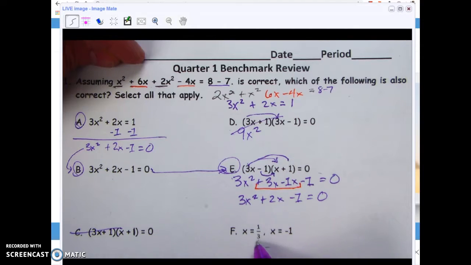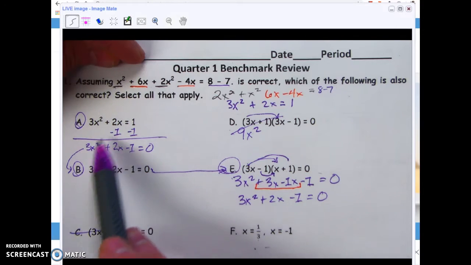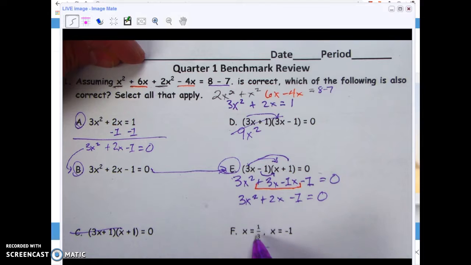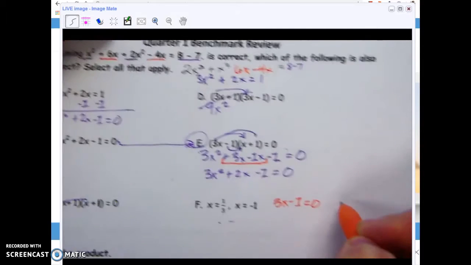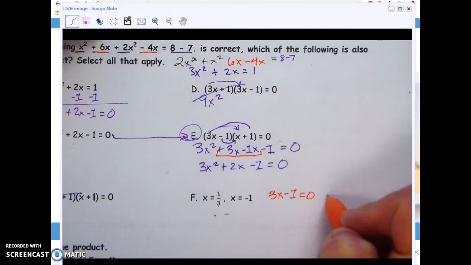Another option would be to plug them in. Because it's a fraction, it would take a little longer, so I wouldn't recommend that. I'm just going to solve for 0 on each of these. So I know this is the correct factored form. I'm going to say 3x minus 1 equals 0, and x plus 1 equals 0, and I'm going to solve for the x.